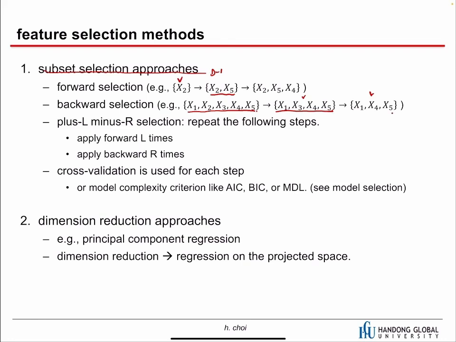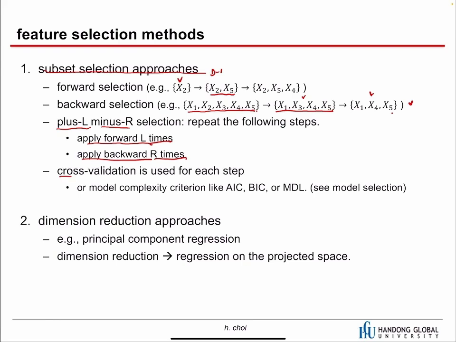Okay, and this one is too naive, so we can have plus L and minus R selections. We can repeat the following steps: apply forward selection L times and apply backward selection R times. Okay, so then we can increase and decrease, increase and decrease. That would be much better than these simple directions.